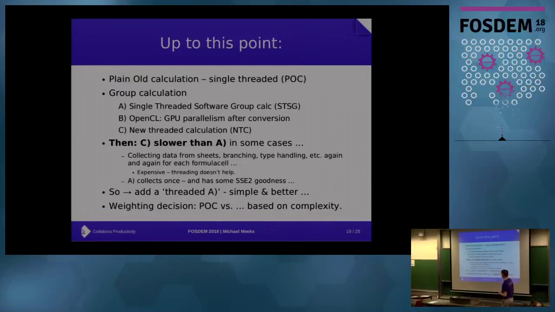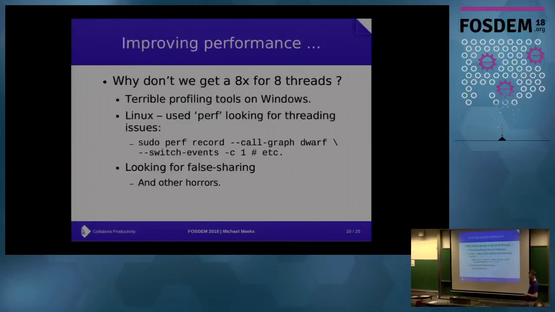The software group interpreter, of course, collects it once, and then it's hyper-optimized SSE goodness, really whipping through that. So we then threaded that version as well. Instead of having a single-threaded software group interpreter, we threaded that too. And then suddenly life was good again. I've got a picture of some of that in a minute, and how the stats looked.